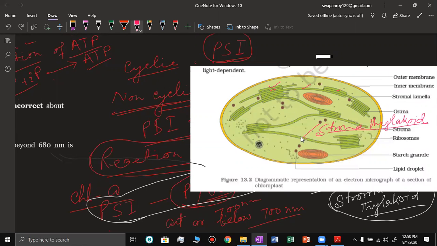So the PS1 alone is present in the stroma thylakoid, and in the grana thylakoid PS1 and PS2 both are located. So in the grana thylakoid the non-cyclic photophosphorylation takes place, and in the stroma thylakoid only the cyclic photophosphorylation can take place.